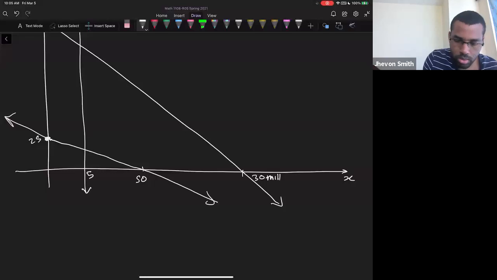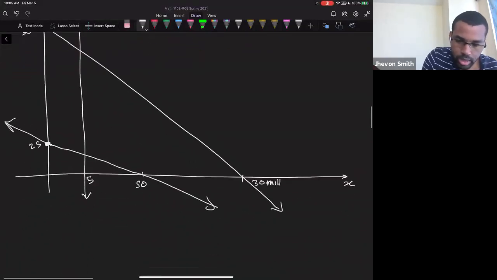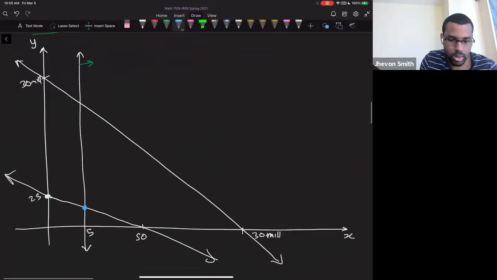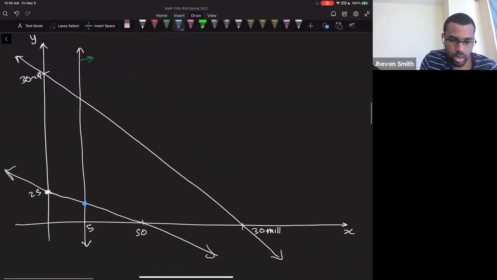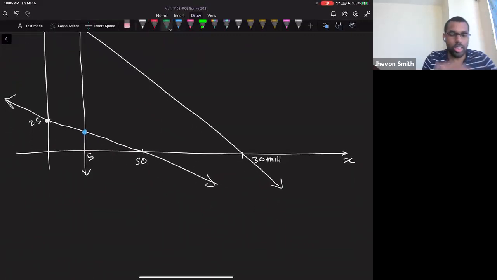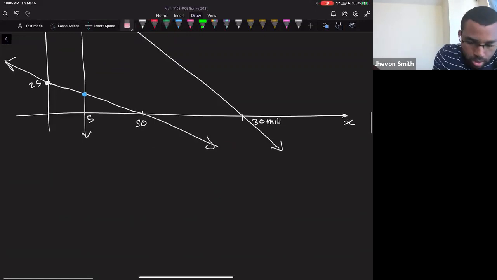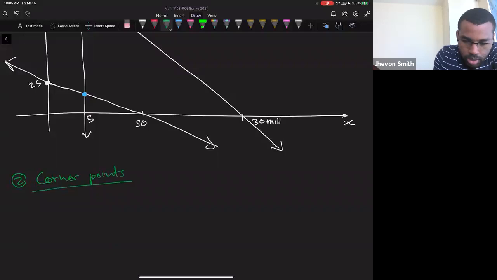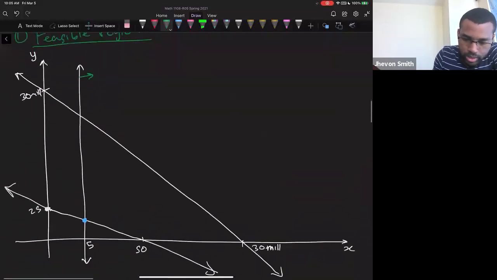I'd actually want to know whether this is at a level 10 or higher. Should the horizontal line for the 10 be above or below that? I don't actually know. So let's start off the corner point section. The second thing we'd want to do is find the corner points. But let's find this one first.